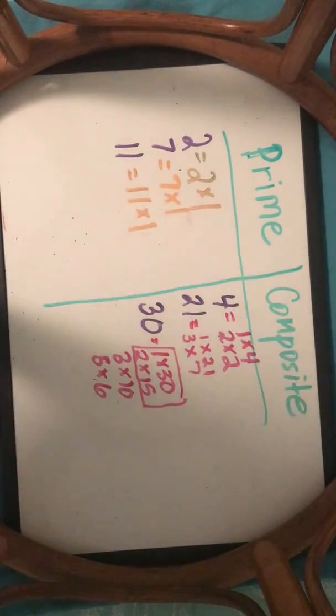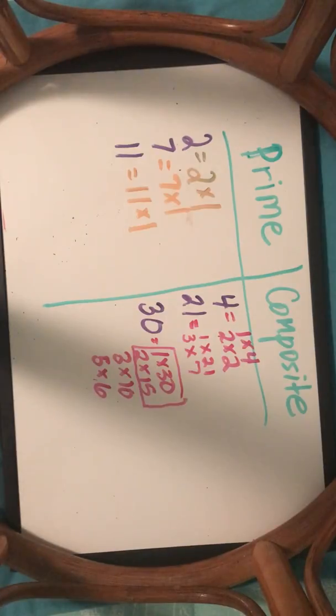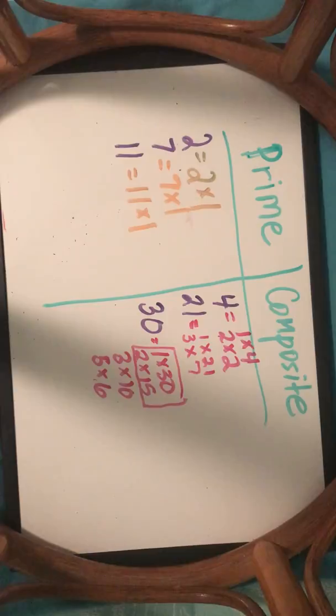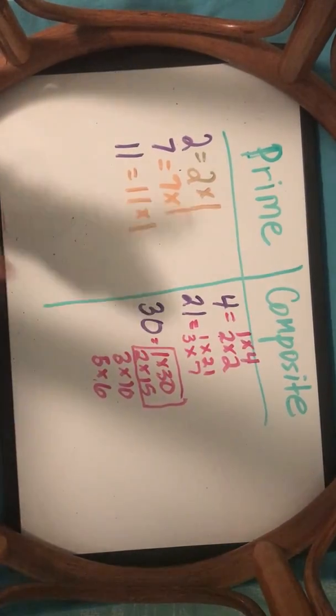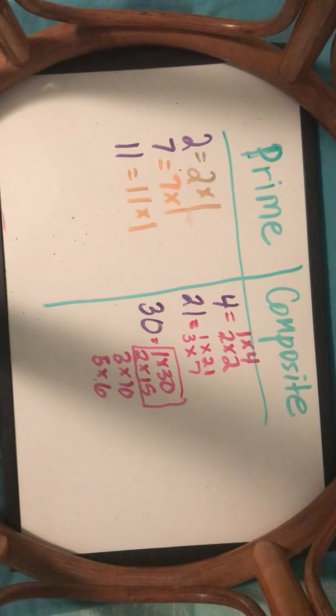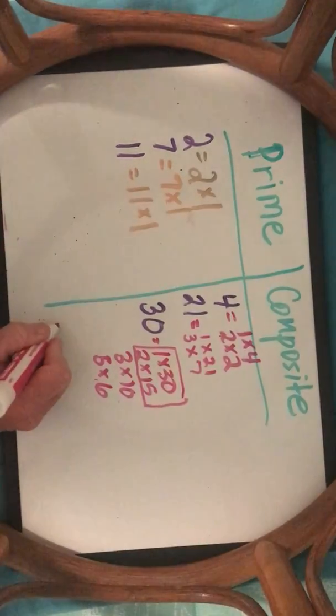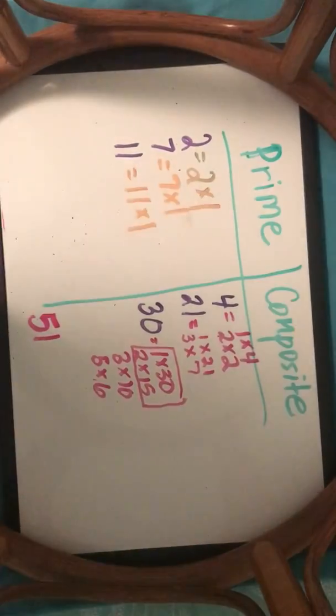So how can we figure this out? And I showed you this in the classroom because for prime and composite numbers, we can use our calculators. Okay, most of them you're going to be able to figure out on your own, but you can also use your calculator. So say you get a number like 51, and you think, well, I don't really know.